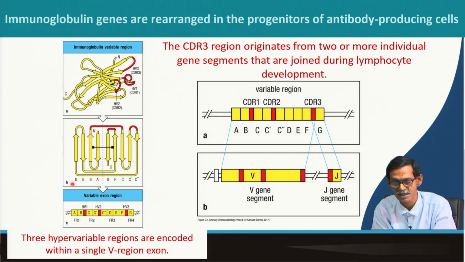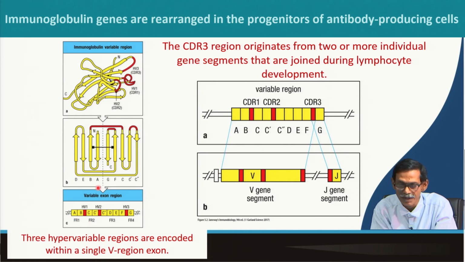So, this beta strand is designated as B, then E, then B, just to understand between which beta strands the hypervariable regions are. So, between B and C there is one, then between G and F there is another, and between C prime and C double prime there is another.